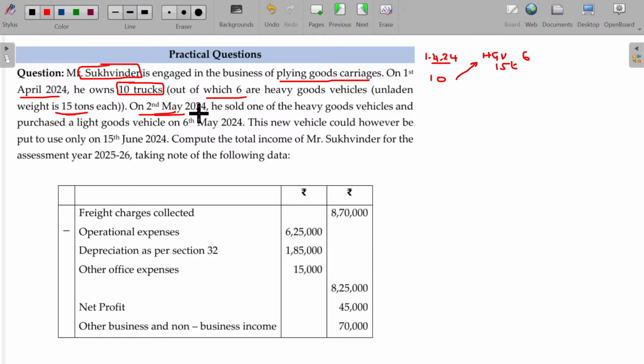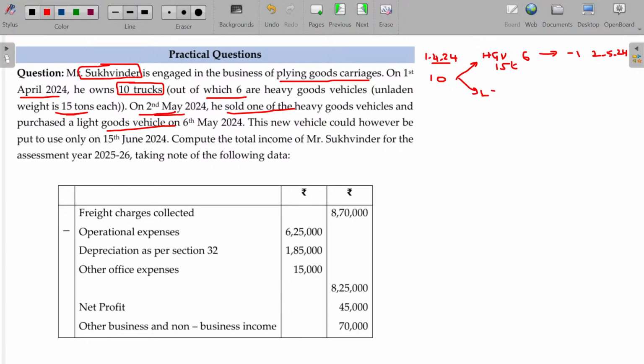On 2nd May 24, he sold one of the heavy goods vehicles and purchased a light goods vehicle on 6th May.